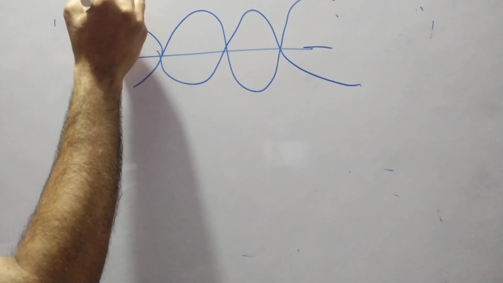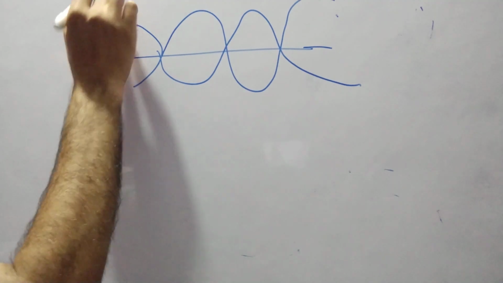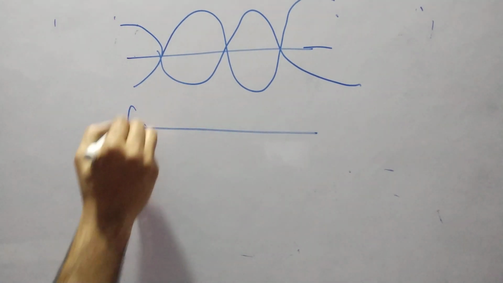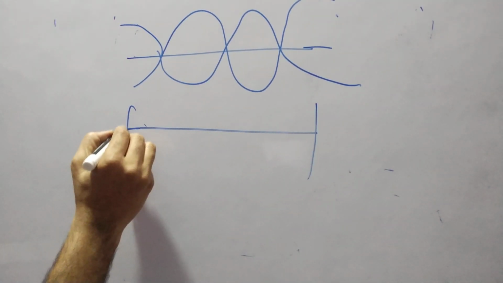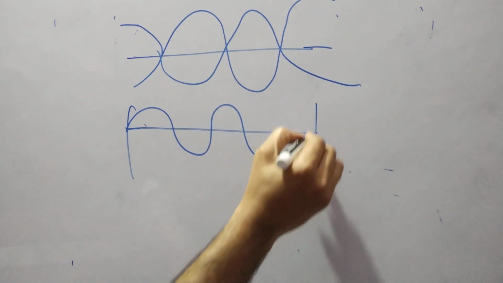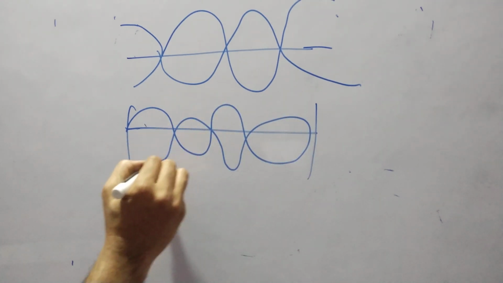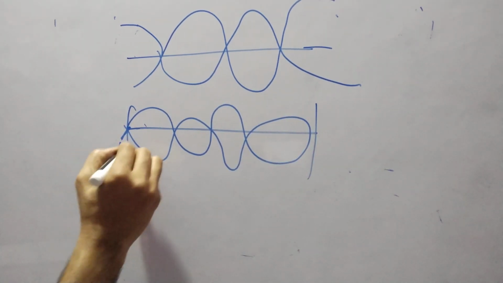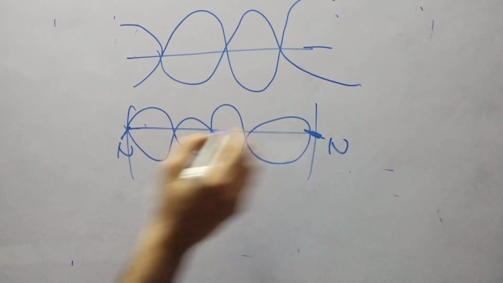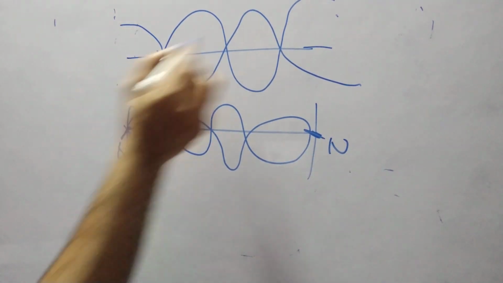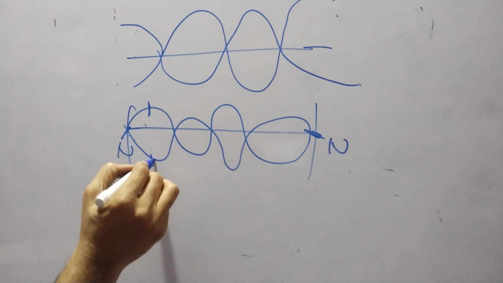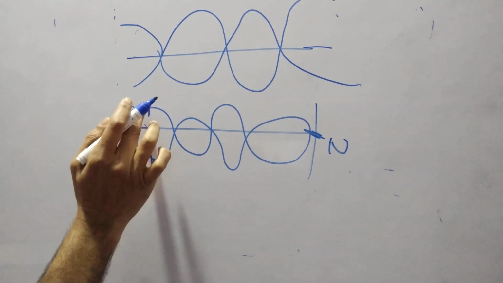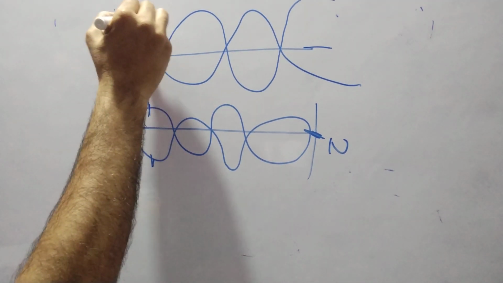When ends are fixed, it starts with a node and ends with a node. But here, when the ends are not fixed, it starts with an antinode.